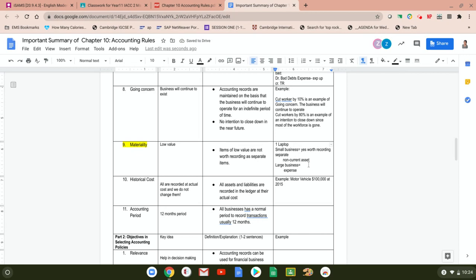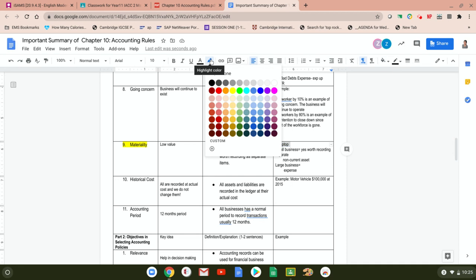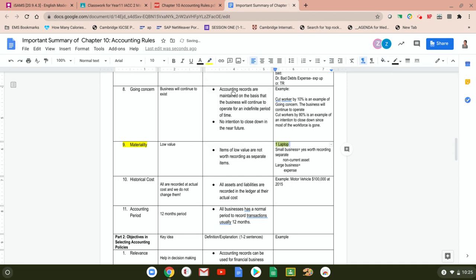How about if you are a large business? Then a laptop is just nothing, so it can be charged directly as an expense. We're talking about one laptop only, by the way. Another example, mostly used in textbooks, is a calculator. Calculators are very low in value. You don't have to record them separately.